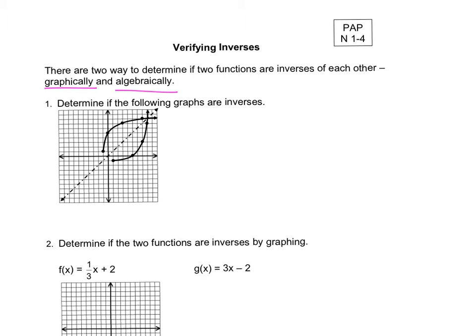Also, another way is if they intersect. If they cross, then it must be on your reflection line, which is y equals x.